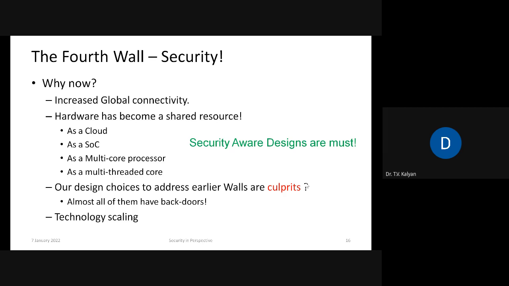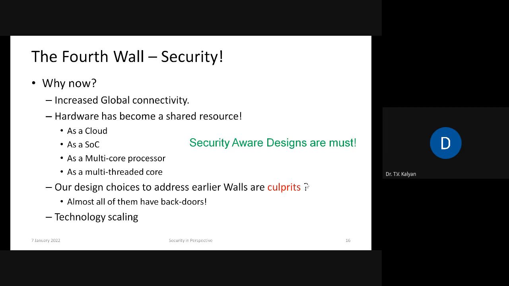Whatever small optimization you are bringing up, or the entire processor you are building, it should be security aware. So we had power aware designs, memory aware designs, and ILP aware designs. Now is the time where we have a superset of them, which says that we also need to take care of security.